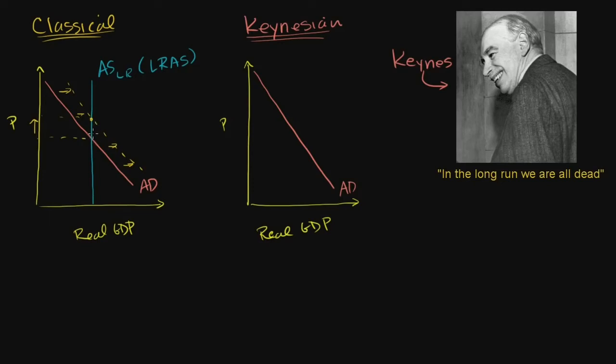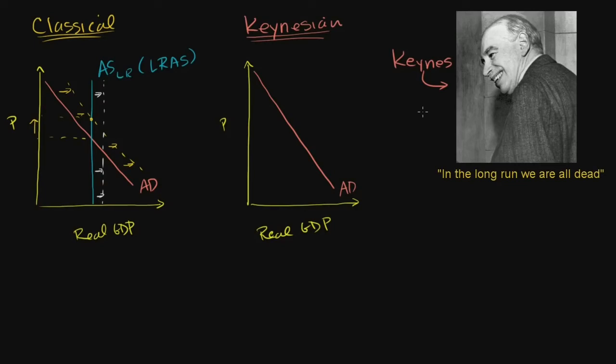All that happens is that the price goes from this equilibrium price to this equilibrium price over here. The price would go up and you would just experience inflation with no increased output, and there are multiple ways you could have shifted that aggregate demand curve to the right.